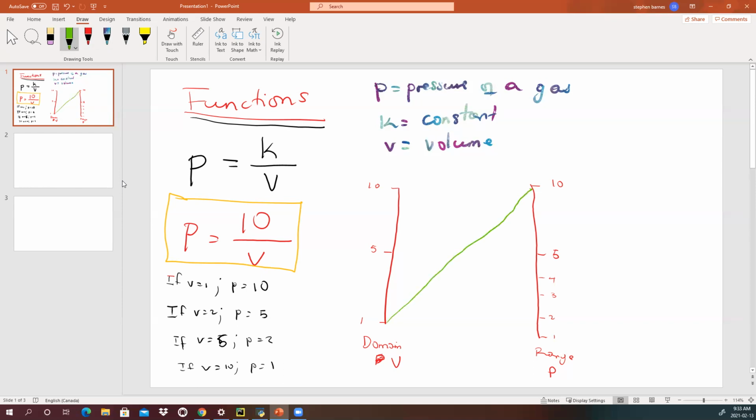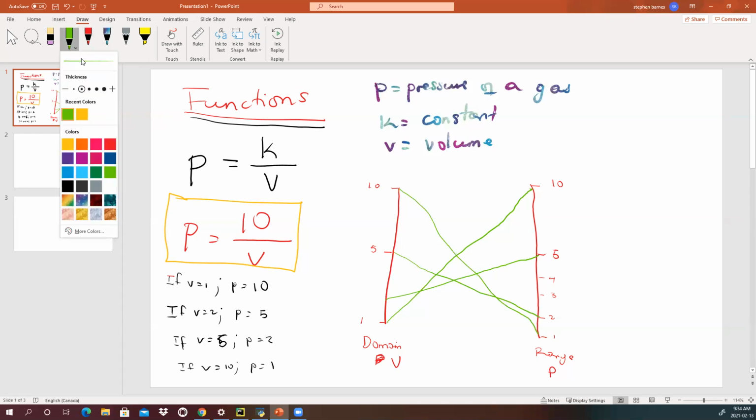So 1 in the domain maps to 10 in the range, which is P. When V equals 2, P equals 5. When V is 5, P is 2. And when V is 10, P is 1. All right, so this is your rough mapping diagram here.